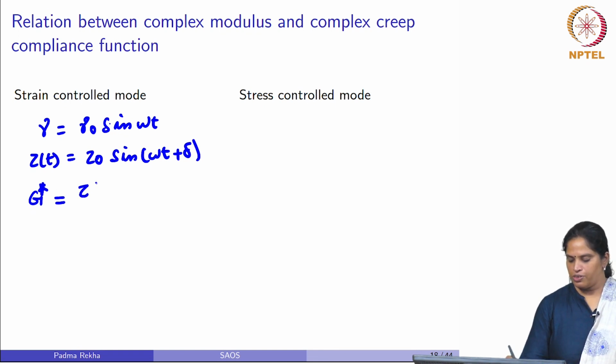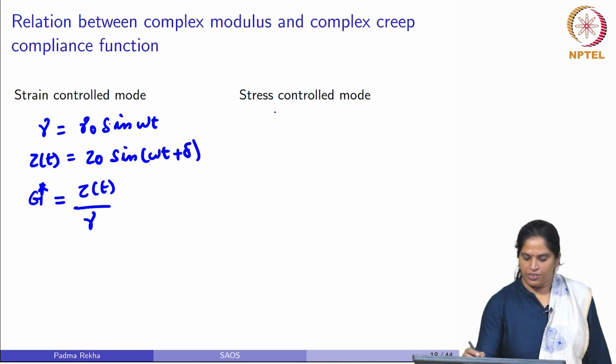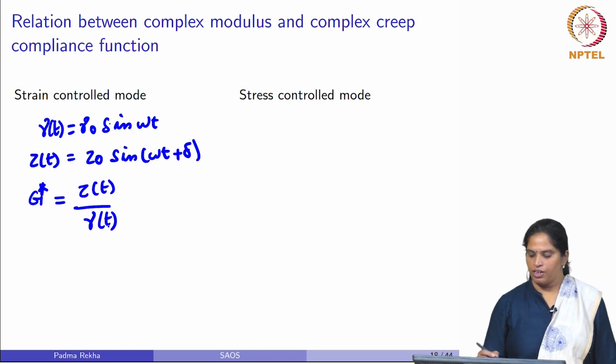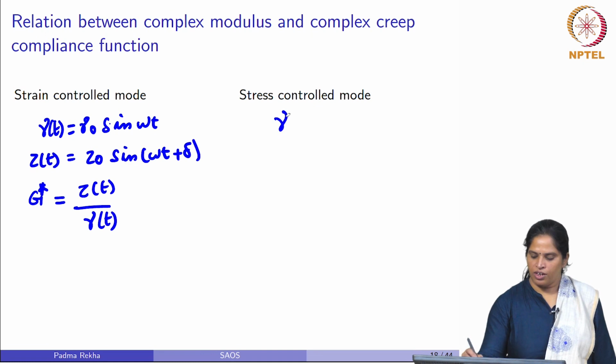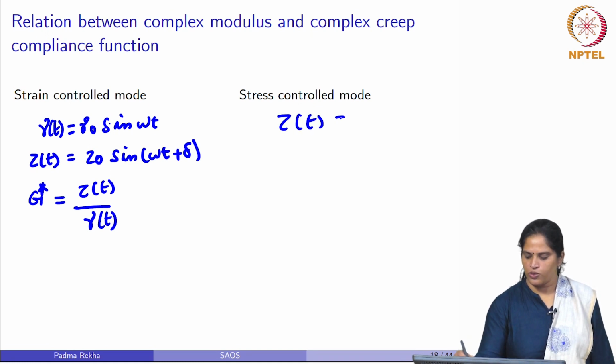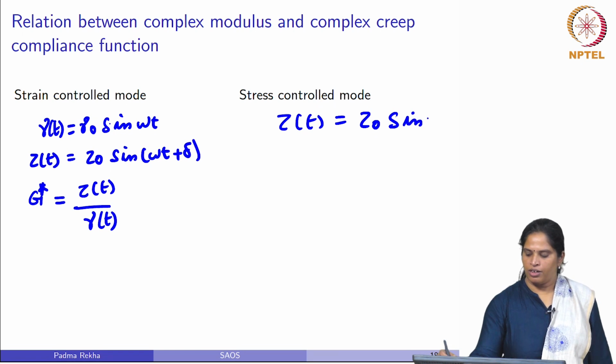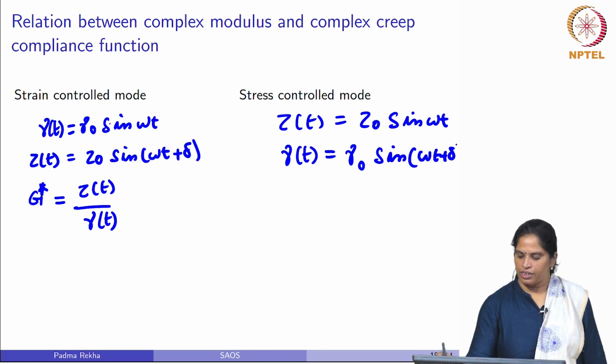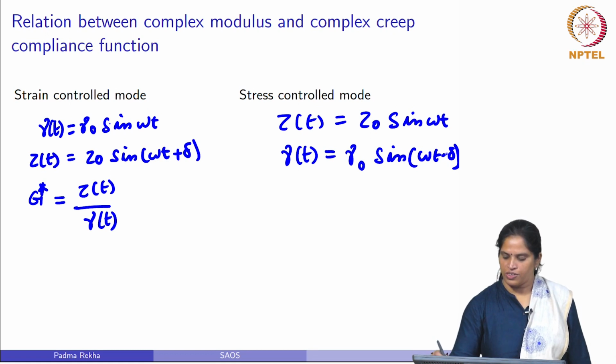This modulus can also be determined from the ratio of tau of t to gamma of t. Both are functions of time. Likewise, in a stress control test, we controlled stress in a sinusoidal pattern, and the strain response for a viscoelastic material will be gamma naught sin(omega t minus delta).